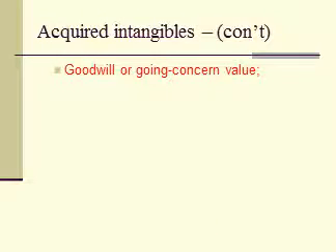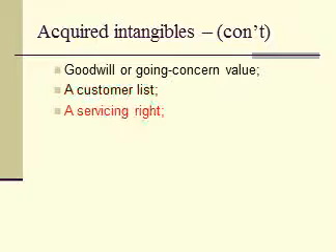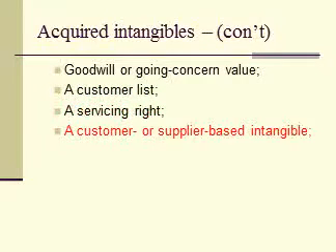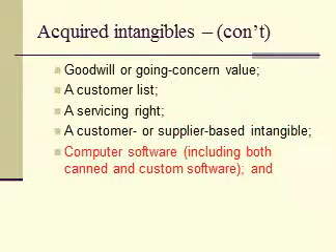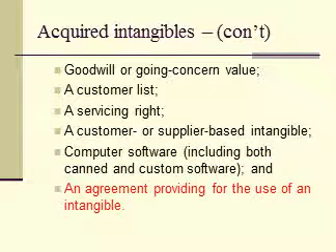Goodwill or going concern value. A customer list. A servicing right. A customer or supplier-based intangible. Computer software, including both canned and custom software. And an agreement providing for the use of an intangible.